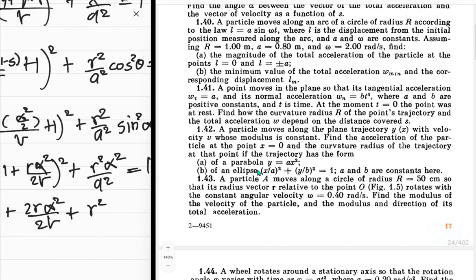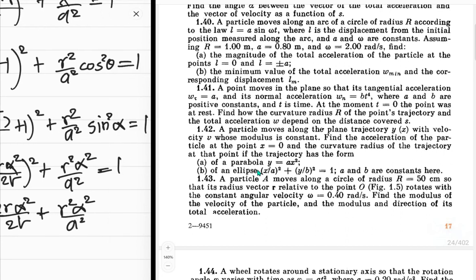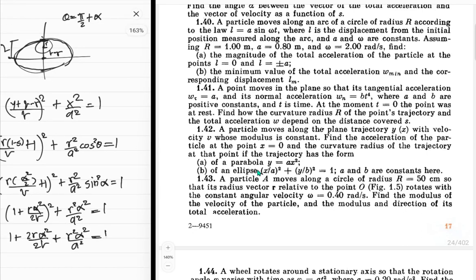R squared alpha squared upon a squared is equal to, right, this one cancels, and wait a second, is this supposed to happen? It's 1 minus cosine, and that's supposed to be 1 minus of alpha squared upon 2. Yes, something's not right about this.